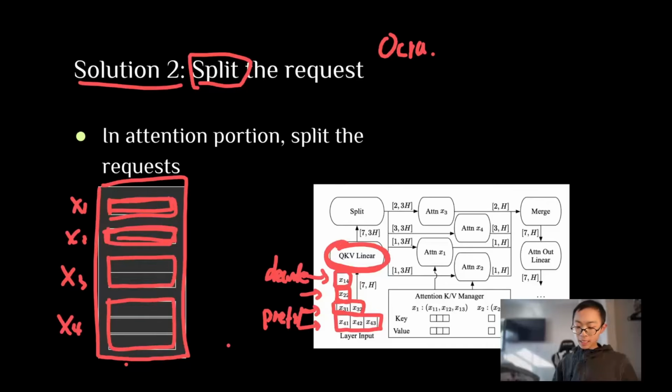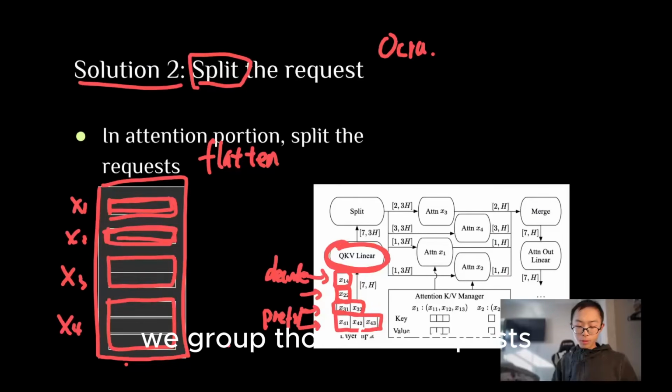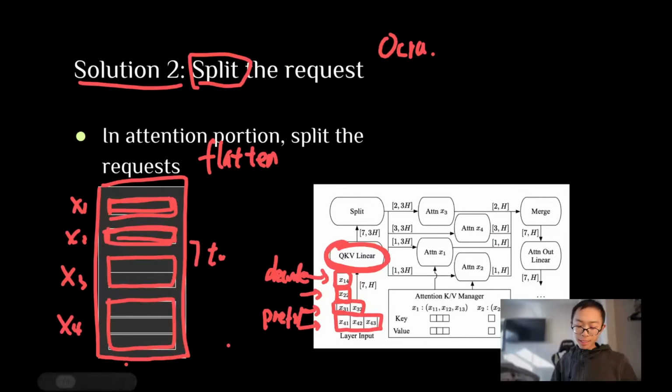We can batch them together with this trick of flattening. That basically means we group those 4 requests and just concatenate them together into a batch of 7 tokens. That's the 7 by H: 7 is the length. And we pass this to our WQ, WK, WV, so we can do them together.